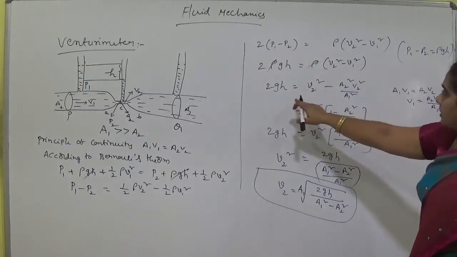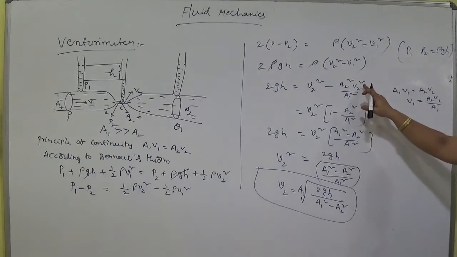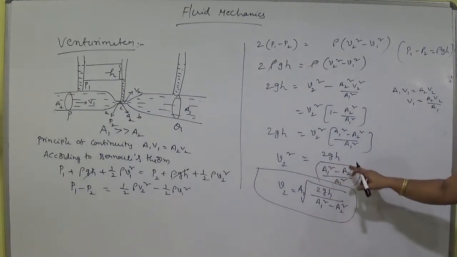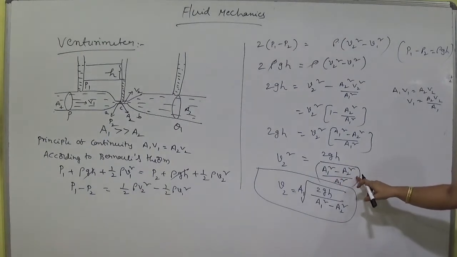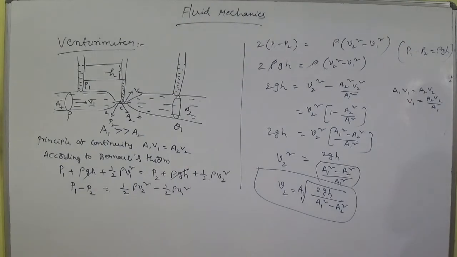Substituting, 2GH is equal to V2 square minus A2 square V2 square by A1 square. Taking the common factor, V2 square is equal to 2GH by (A1 square minus A2 square) by A1. V2 is equal to A1 into root of 2GH by (A1 square minus A2 square).